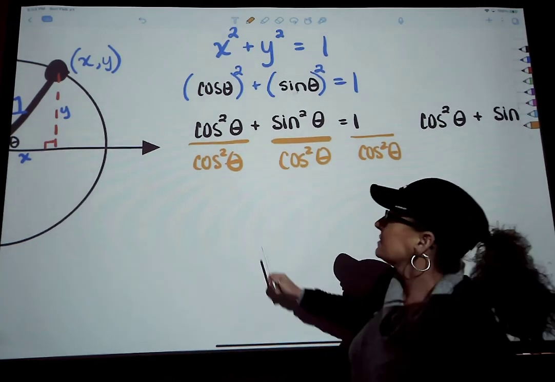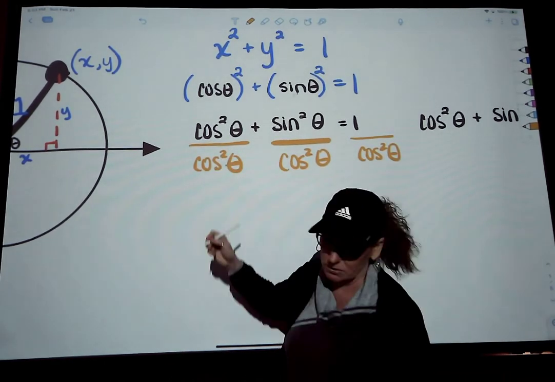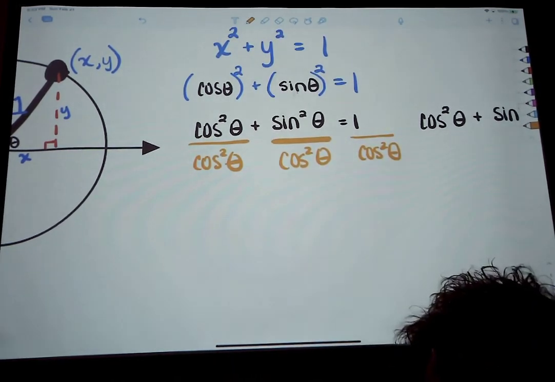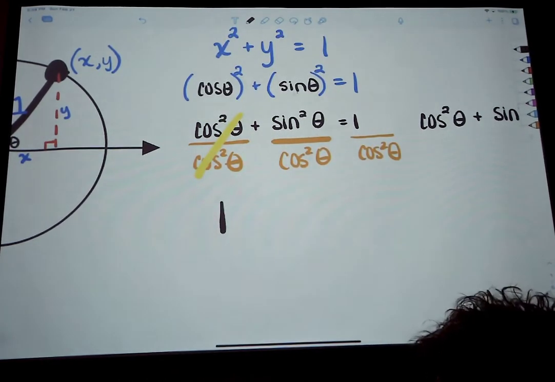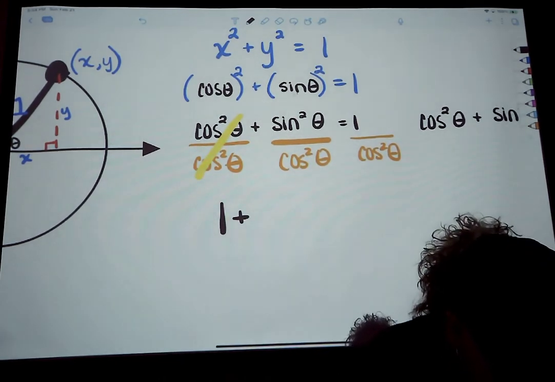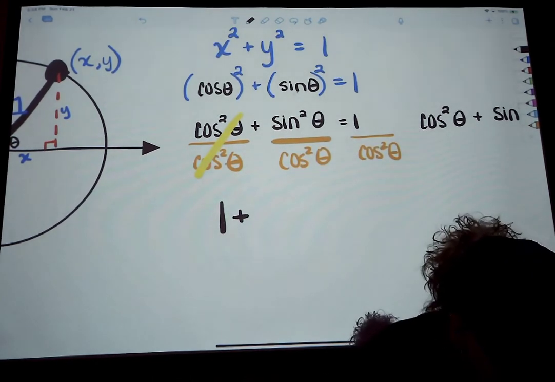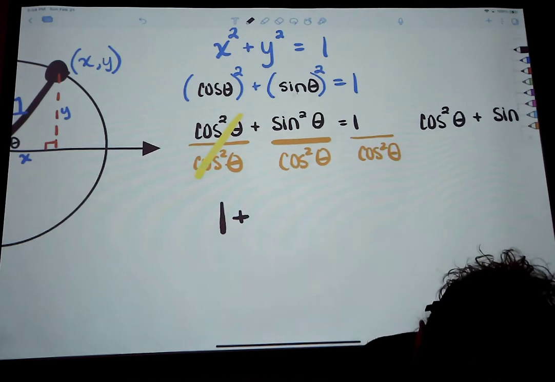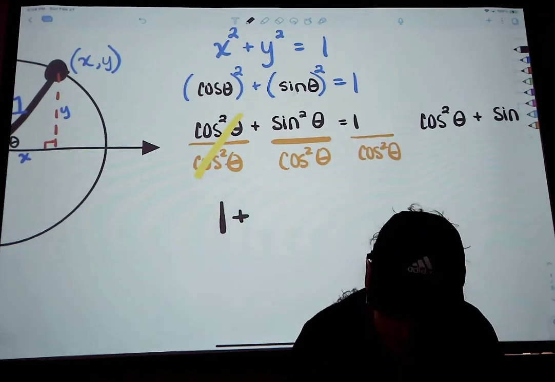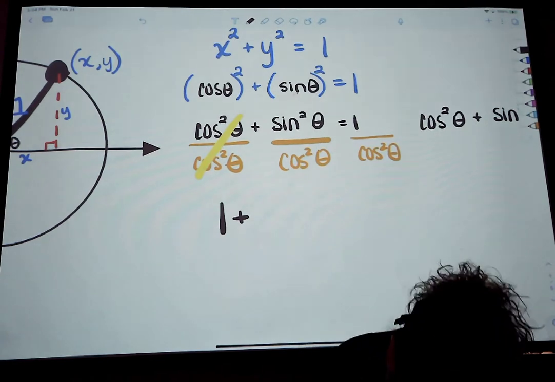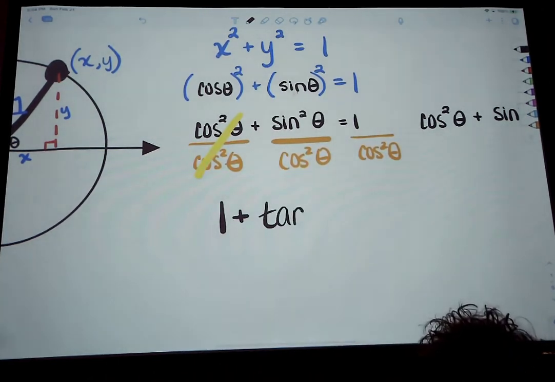Okay? So over here I've got cosine squared over cosine squared. Those cancel. And when they cancel, I'm left with 1 plus sine squared over cosine squared, that is a tangent and another tangent, so that's tangent squared.